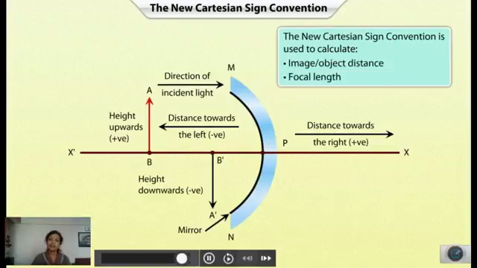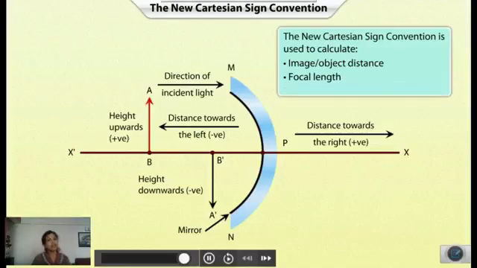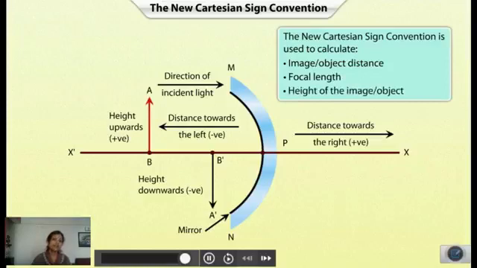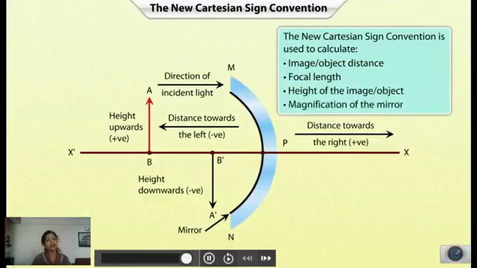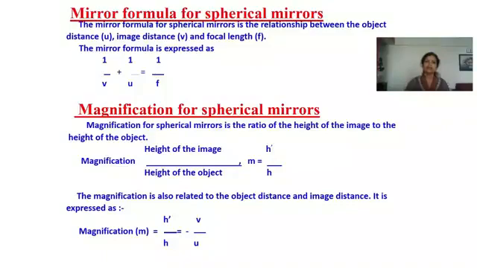We can also find out the object distance. We can find out the focal length. We can find the height of the image. We can find the height of the object, and at the same time this is also useful to find the magnification of the mirror.